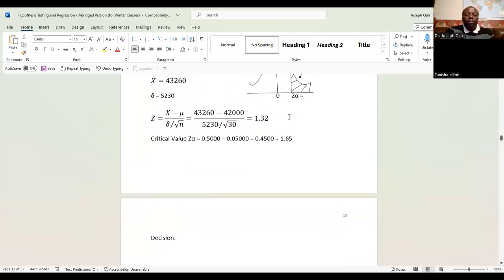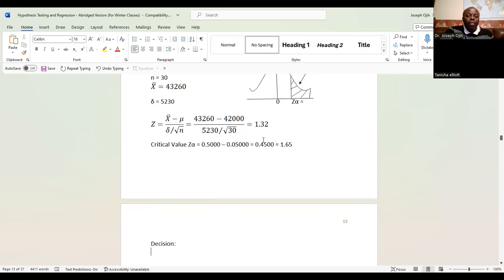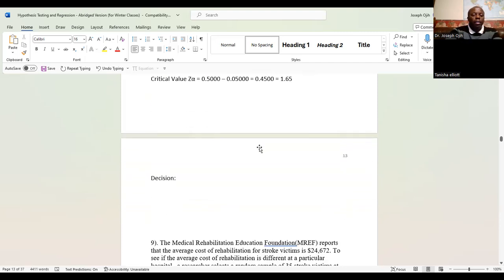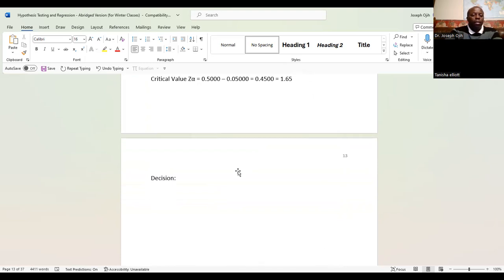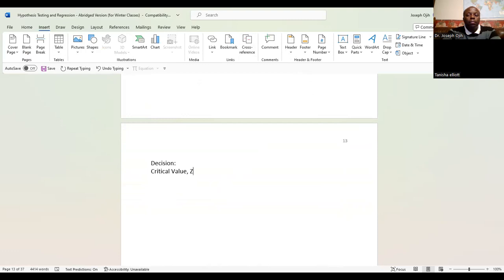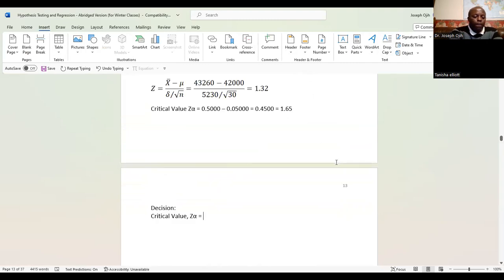So remember how we write our answer. Let's write the critical value. Critical value Z alpha is equal to 1.65.